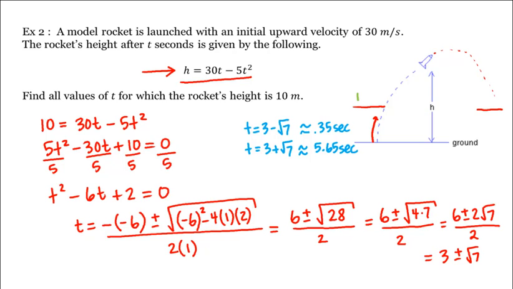So the rocket's height is 10 meters at approximately t equal to 0.35 seconds on the way up. And then its height from the ground is 10 meters again at t approximately 5.65 seconds. And these would be the two values of t that we're looking for.